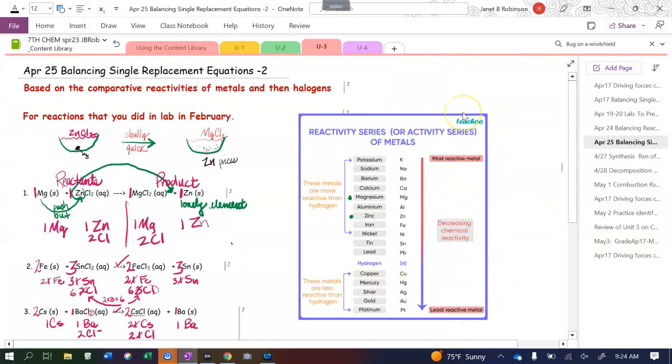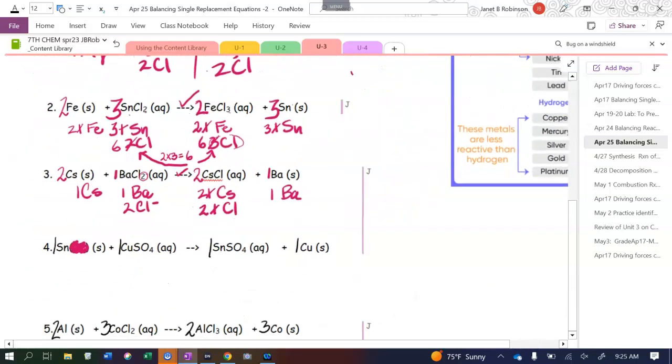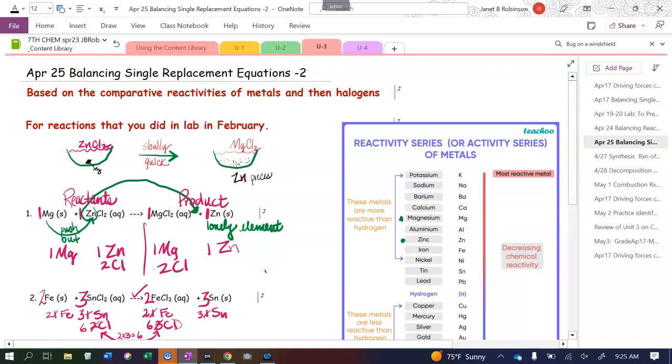Now, on the 25th, we were balancing these single replacement reactions, which we looked at before, but we balanced more of them. We went through and balanced a lot of them, pretending they were in the little plates that we use, the little cells where we added things together and saw what they look like.